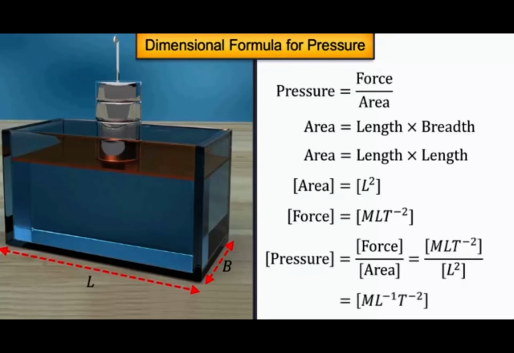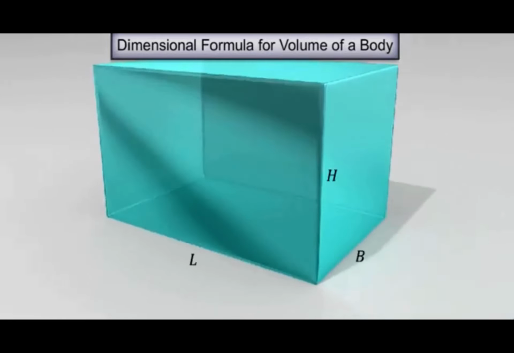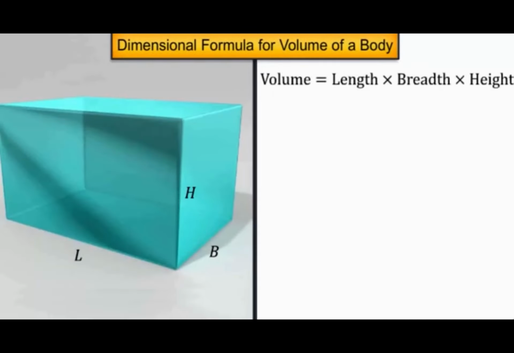Following the same methodology, we find the dimensional formula for the volume of a body. Volume is the product of length, breadth and height. Height also represents the base quantity length.